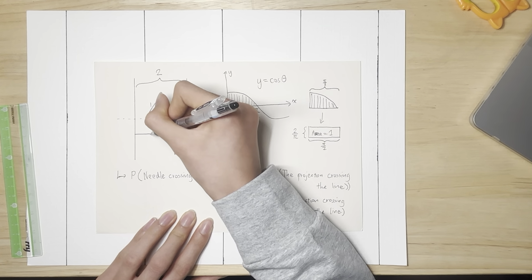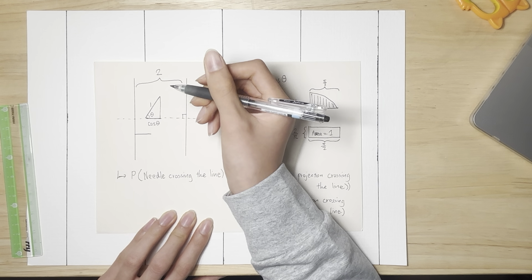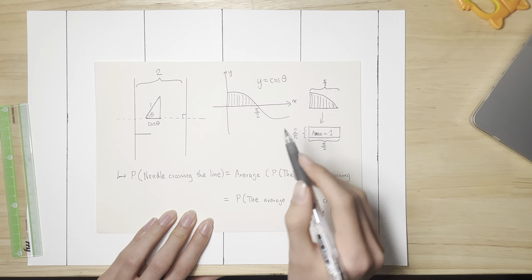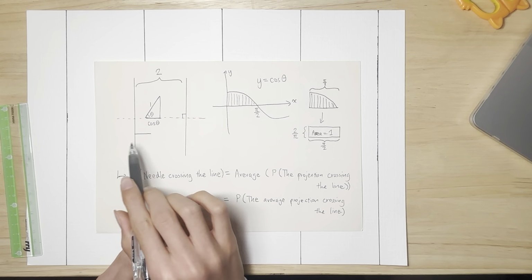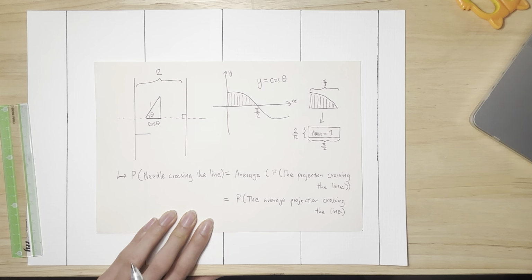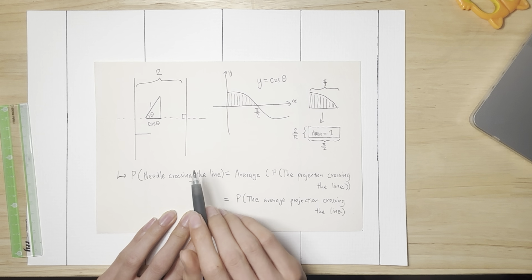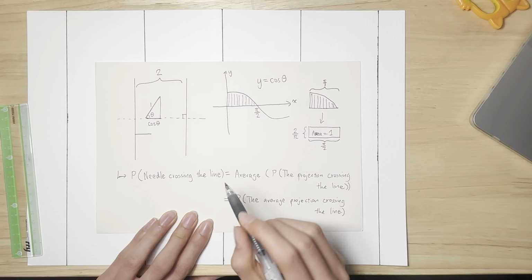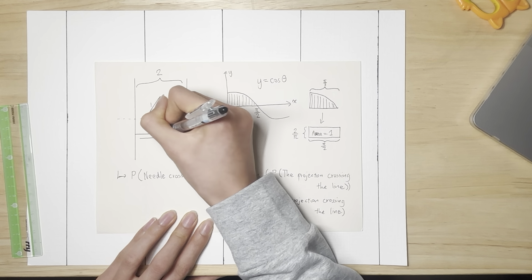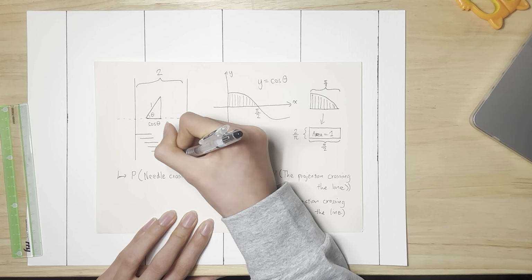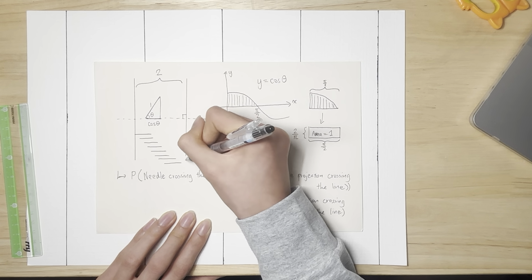So this is the projection, and we only need to consider what's the probability of the average projection, which is this, crossing the line. And in this case, we only need to consider this in one dimension because it's a line. And let's say these are all the possible outcomes of the projection.